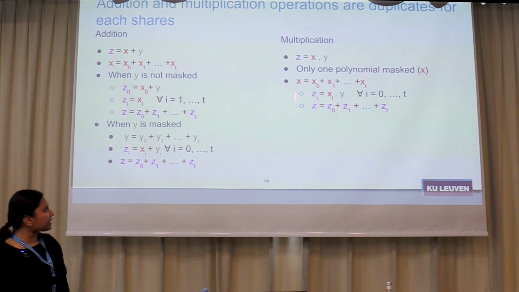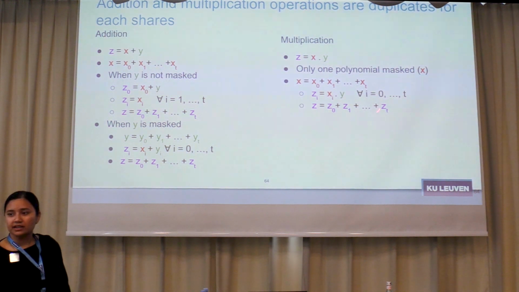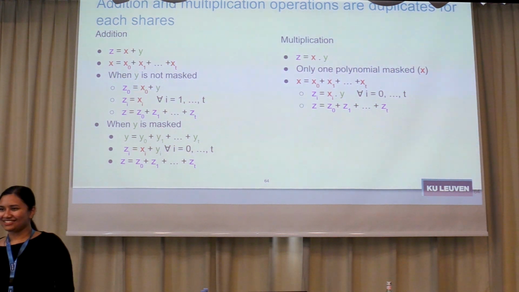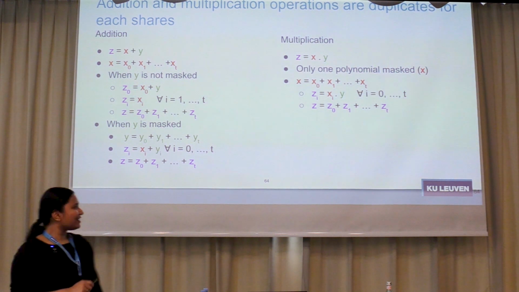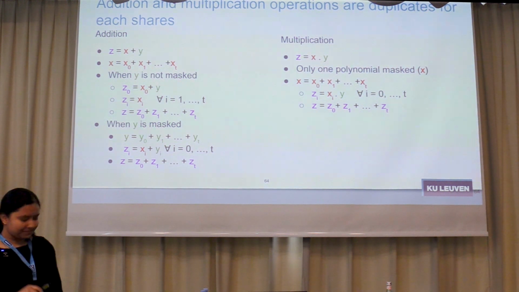That's why we can use this linear multiplication technique: if you split x into x0 to xt and multiply with y, you get back all the shares of the Zi's, because it's linear. Is this okay? Okay, and that's how you do arithmetic masking.